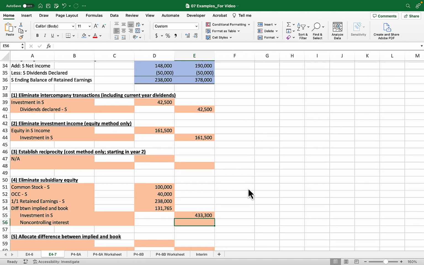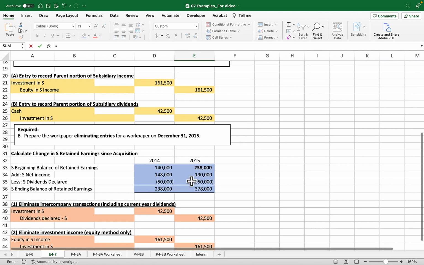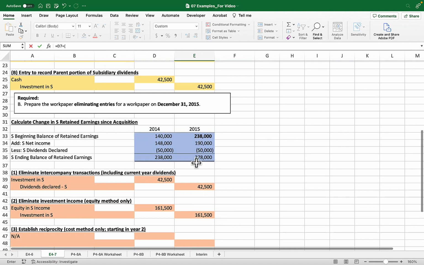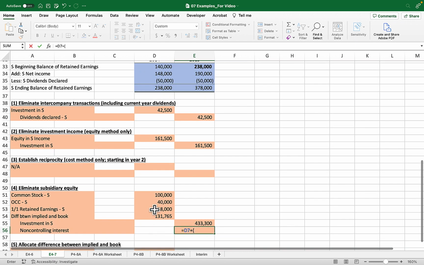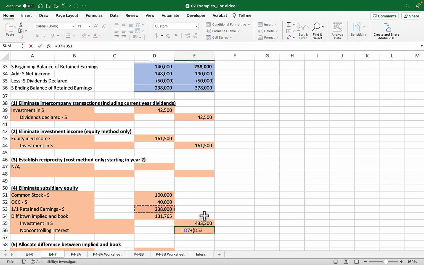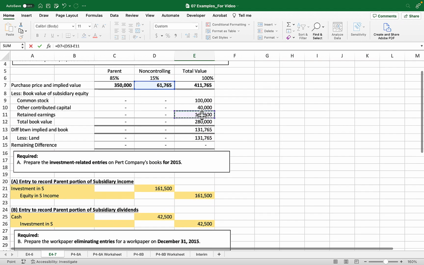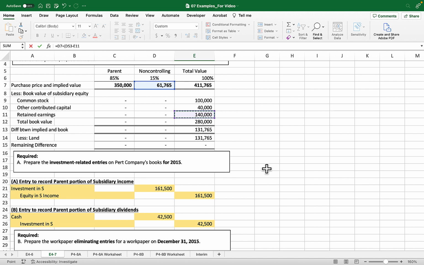Then we're going to do the same thing for our non-controlling interest. So we're going to start with the non-controlling interest that worked when retained earnings was 140,000. We're going to add to it part of this change in retained earnings, which again is going to be the difference between retained earnings as it appears in this eliminating entry for this year, minus what it was on the date of acquisition, which is memorialized in our computation and allocation of differences schedule.